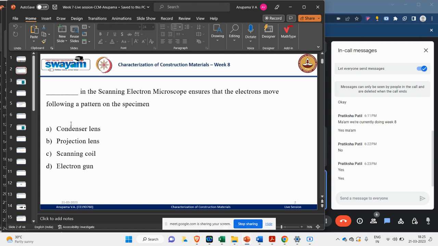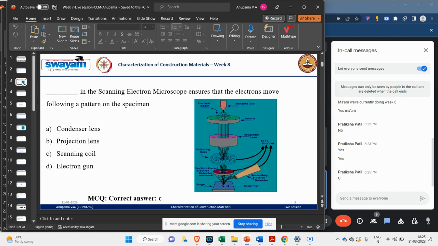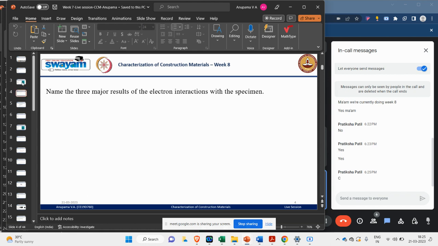Is it the condenser lens, projection lens, scanning coil, or electron gun? Okay, scanning coil. Thank you, Pratiksha. We'll move fast because of the technical error, but I'll ensure that you are not losing any content. So, the correct answer is option C.